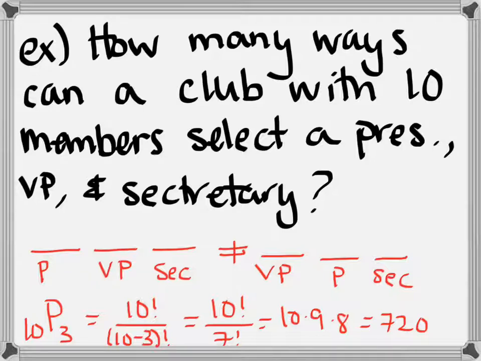We can write out the numbers and cancel the 7 times 6 times 5 times 4 times 3 times 2 times 1 in both the top and the bottom, and we're simply left with 10 times 9 times 8, which is 720. Again, we're seeing that 10 times 9 times 8 that appeared before, so this really isn't anything new for us.